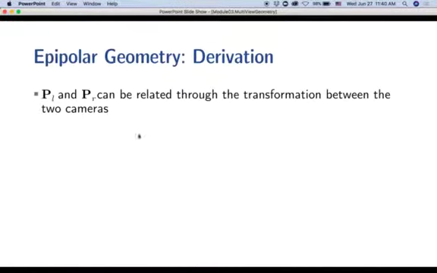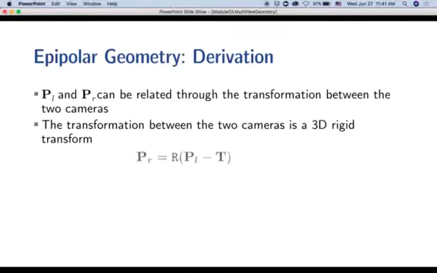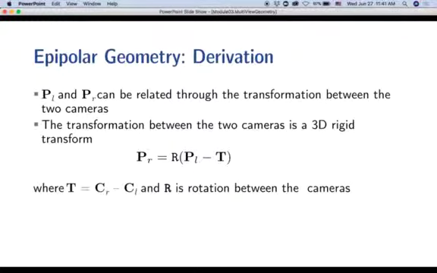So with that notation, we saw that we can relate PL and PR, the two representations of the world point in the two cameras, by the rotation and translation of the second camera with respect to the first camera. That's just the relationship that brings them into the same coordinate system. This translation is the translation between the cameras.